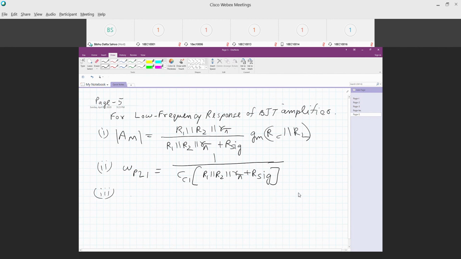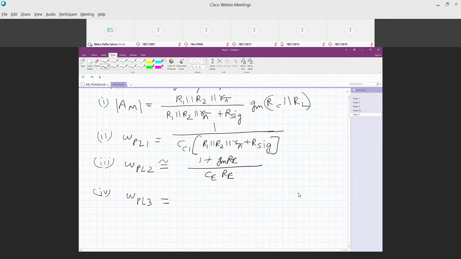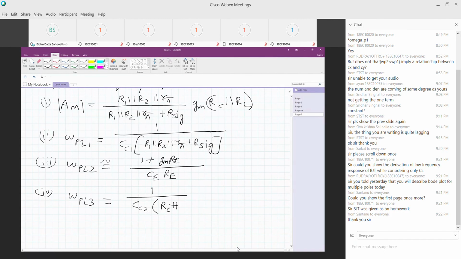Omega PL2 due to the emitter degeneration capacitance CE is roughly equal to 1 plus GM RE divided by CE RE. Okay. So the omega PL3 due to CC2 is equal to 1 over CC2 times RC plus RL.